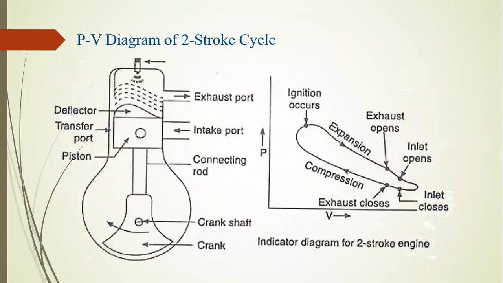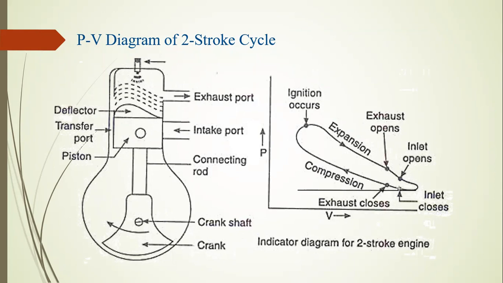This is the PV diagram for a two-stroke cycle. First, we start at this point, the initial base. At this point the stroke is started whenever the engine is running to start.